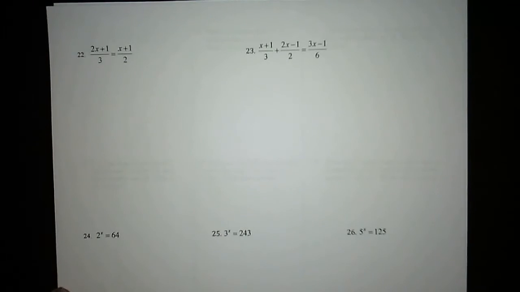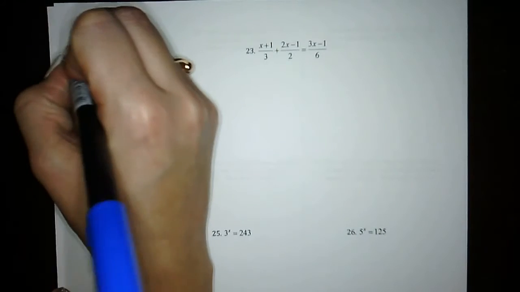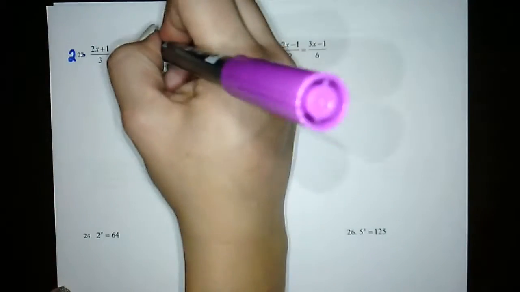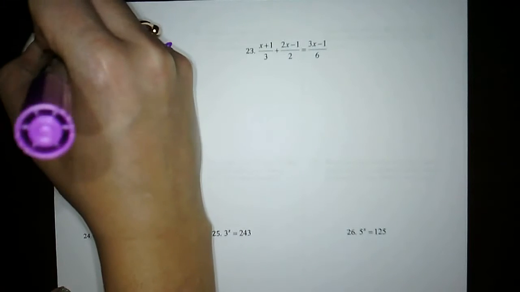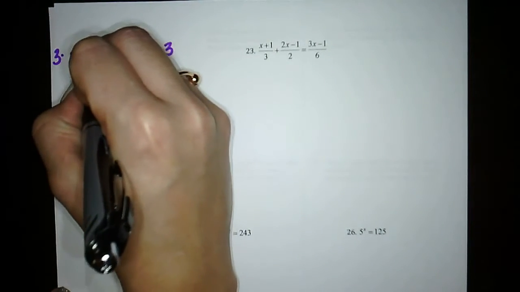So we're going to multiply by 2 on both sides. And then we're also going to multiply by 3 on both sides. And now simplify. So first thing, 3 times 2 is 6. We have this 2x plus 1. We're going to put it in parentheses.